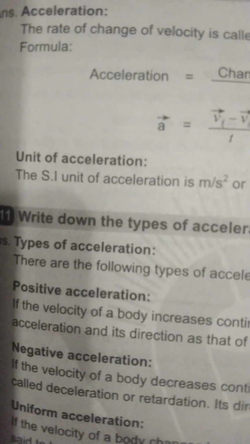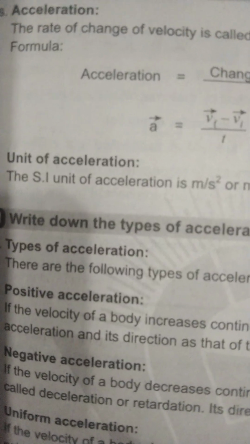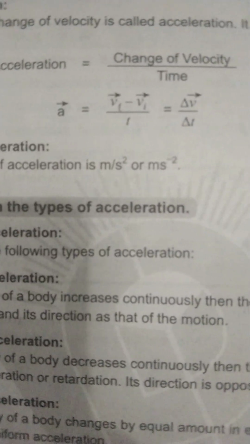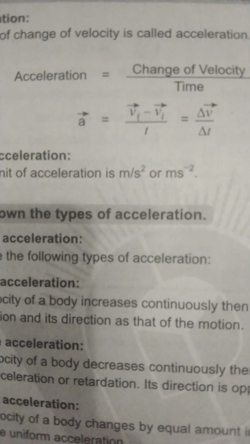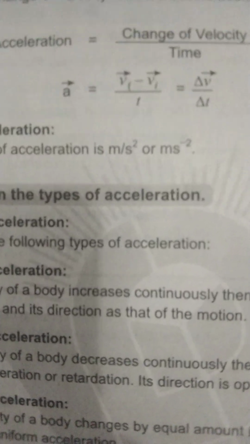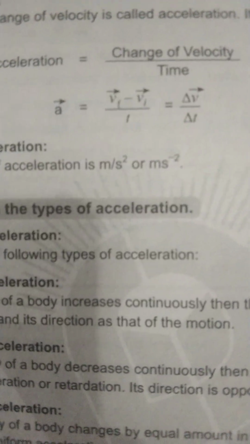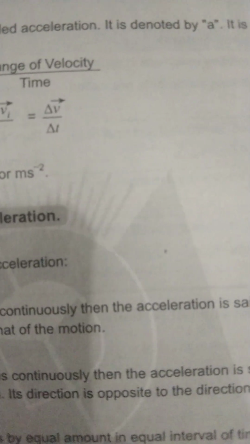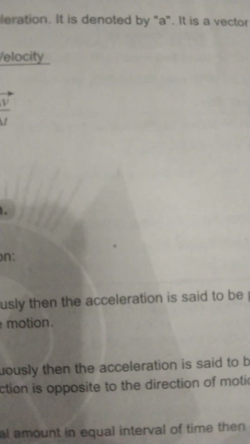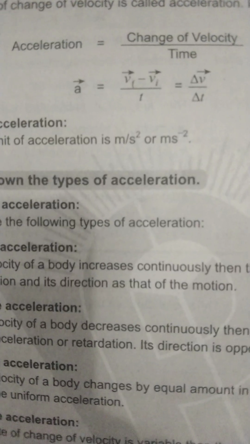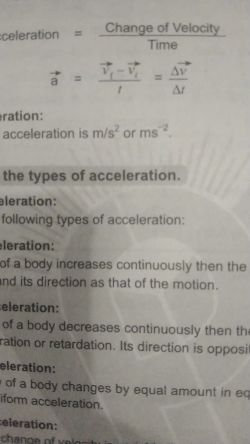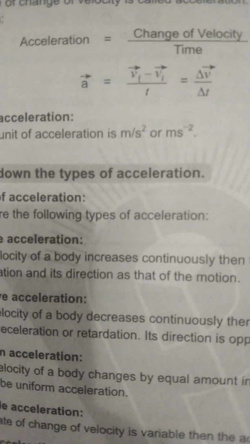Now acceleration. The rate of change of velocity is called acceleration. Whenever the velocity changes, there is acceleration. Whenever the velocity is not changing, then what about the acceleration? Good question. It is denoted by a, it is a vector quantity, and its formula is acceleration is equal to change of velocity upon time.